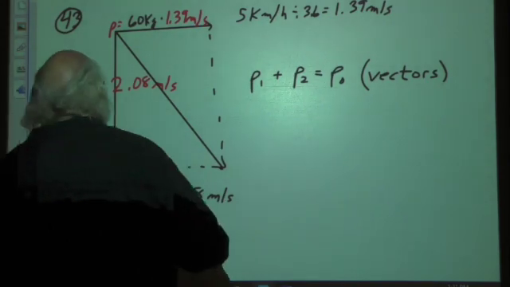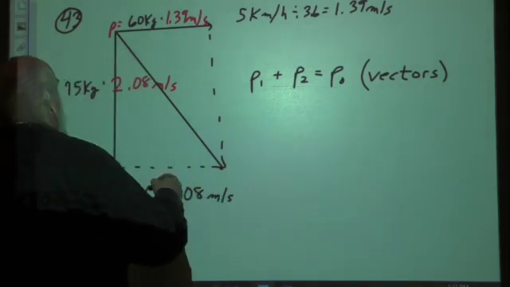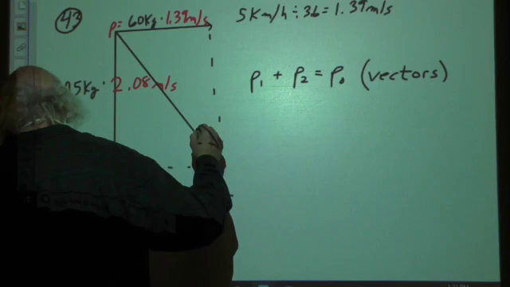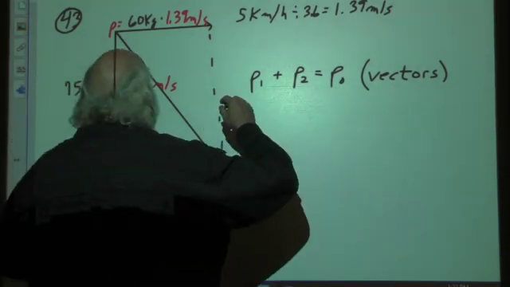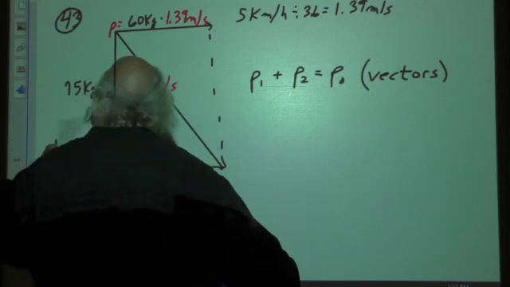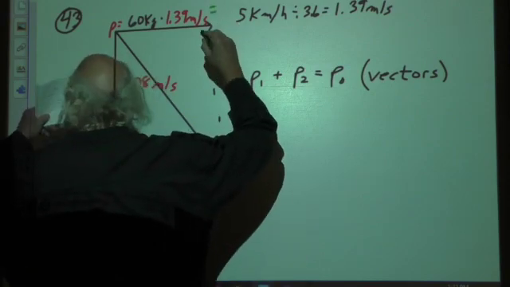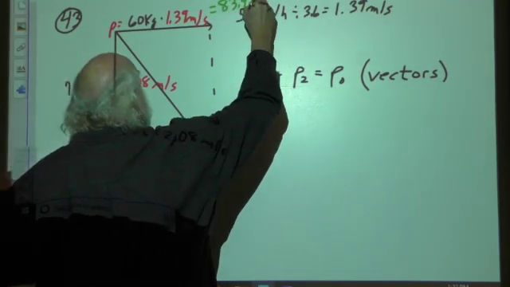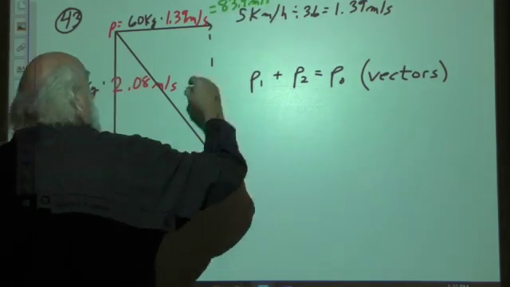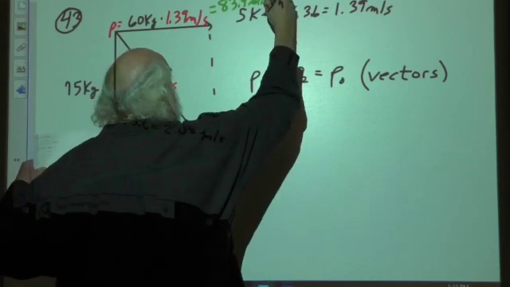So we're going to take momentum 1, which, oh, I did do this, okay. I found this to be 83.4 kilogram meters per second.